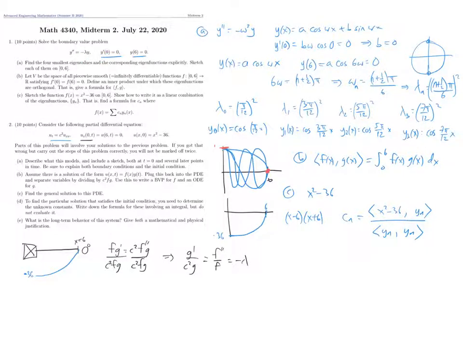And now what we get is f double prime equals negative lambda f, and these boundary conditions are going to give us that f prime of 0 equals f of 6 equals 0, like we did in lecture many times.